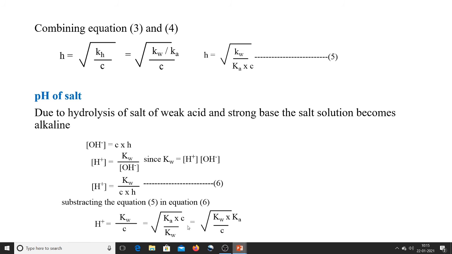So we get the final equation: H plus is equal to square root of Kw into Ka upon C, that means the square root of the ionic product of water into Ka upon C.